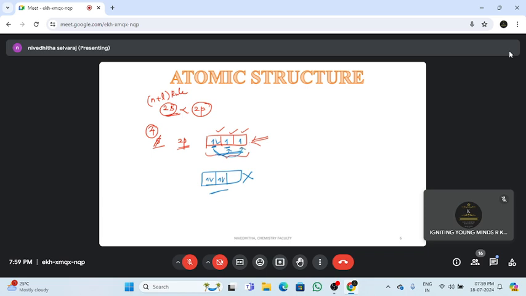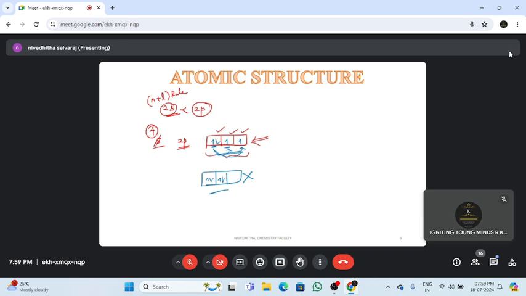Whenever there is an exchange of electrons of similar spin, a particular amount of energy gets released, and that energy is called exchange energy. If there are a lot of similar spin electrons, then there will be a lot of exchanges, through which a lot of exchange energy will be released, due to which the stability of the atom will increase.